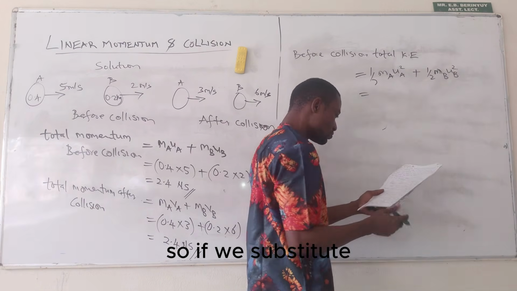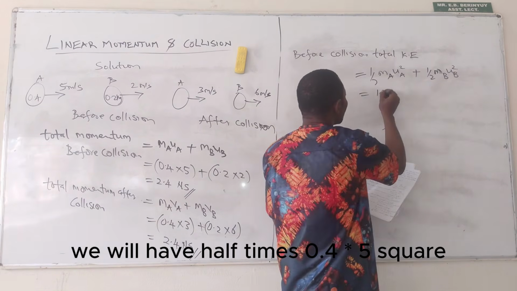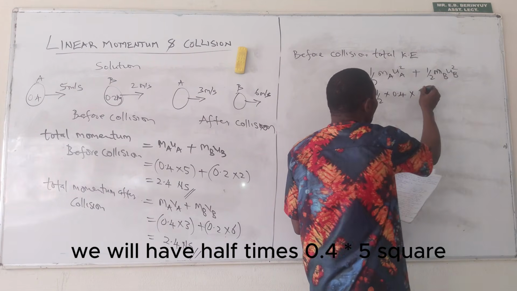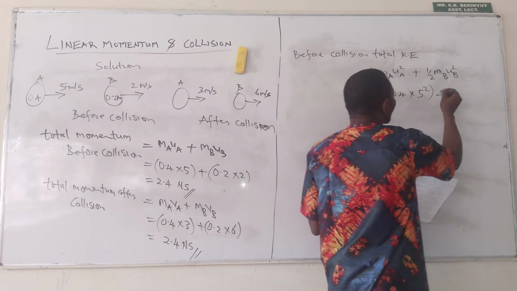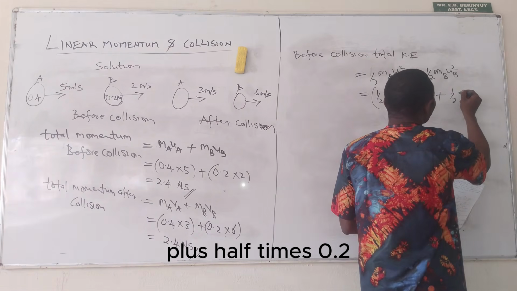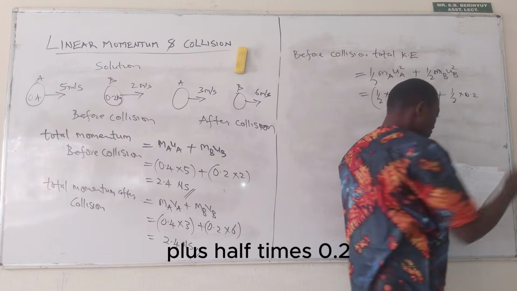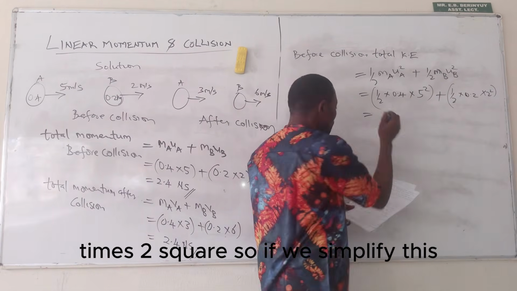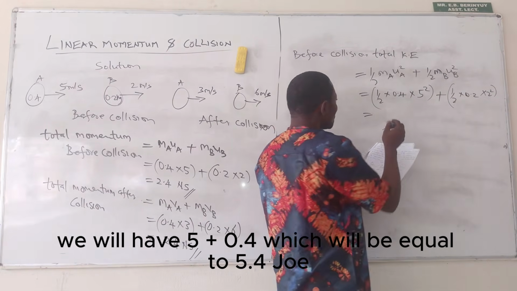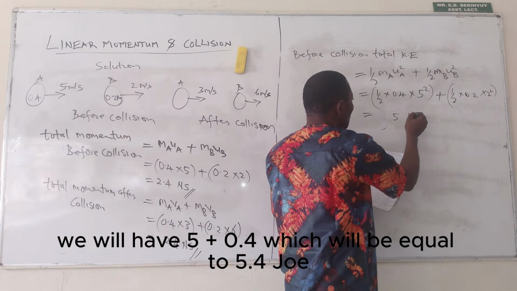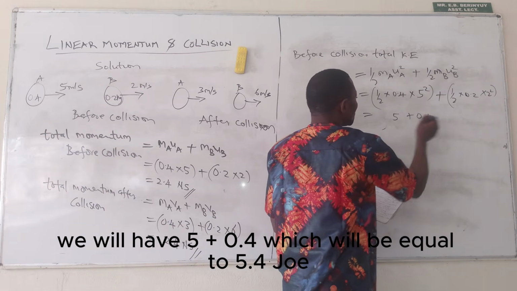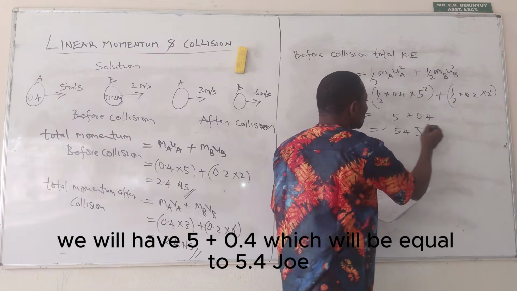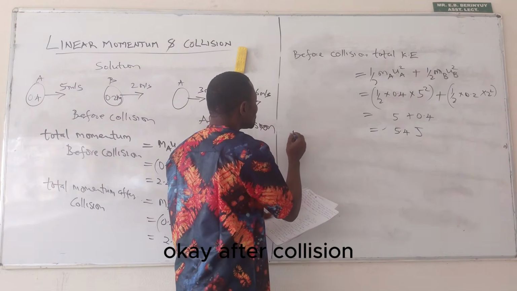So if we substitute, we will have half times 0.4 times 5 square plus half times 0.2 times 2 square. So if we simplify this, we will have 5 plus 0.4, which will be equal to 5.4 joule.